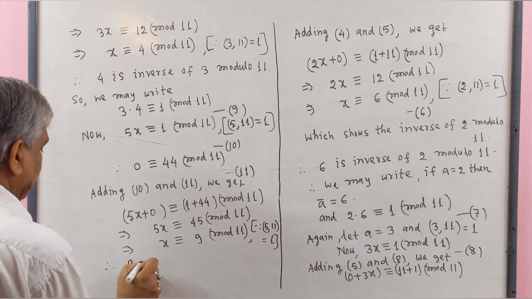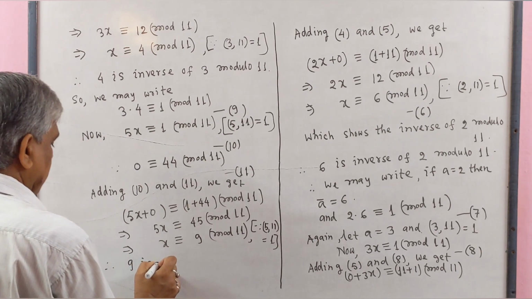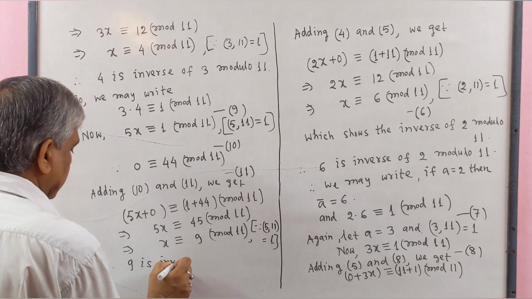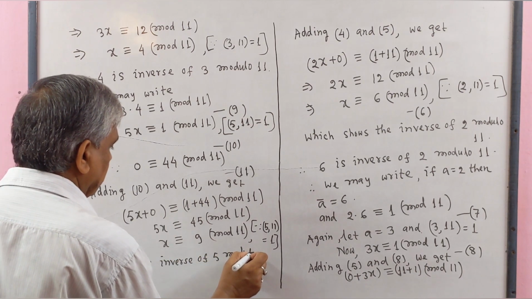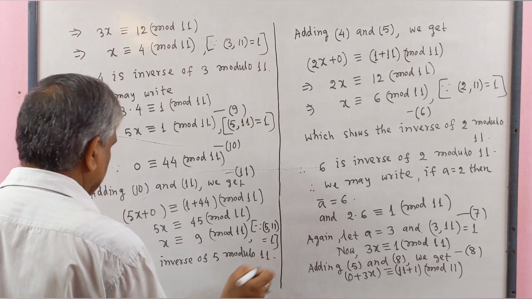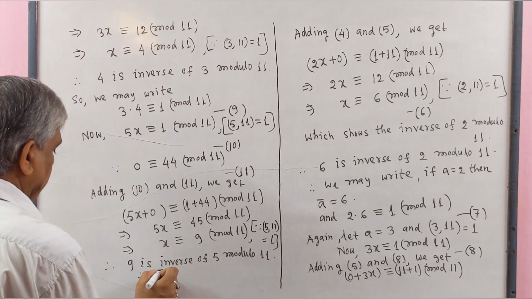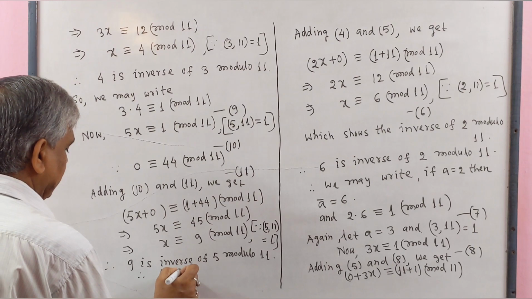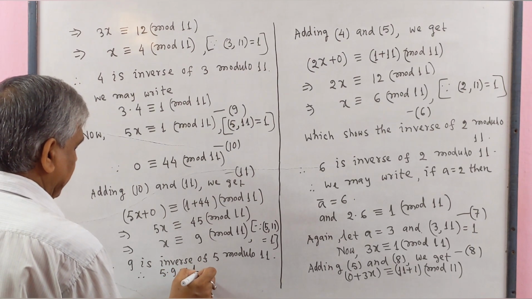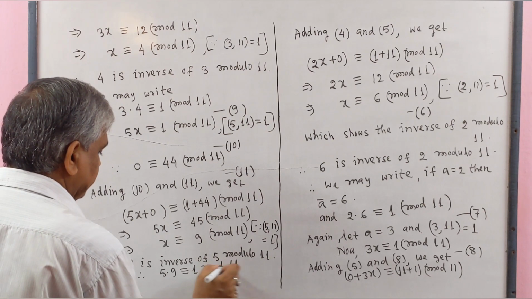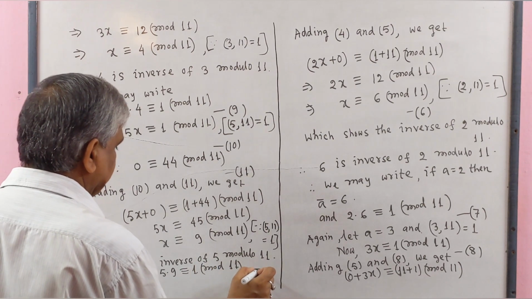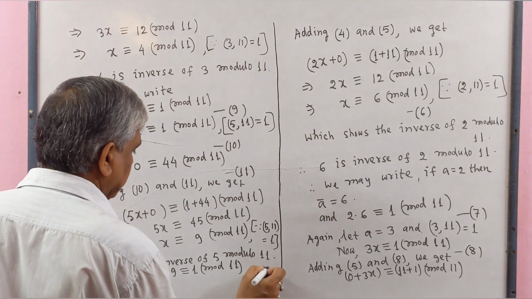Therefore, 9 is inverse of 5 modulo 11. Therefore, 5 multiply 9 is congruent to 1 modulo 11. Let this be number 12.